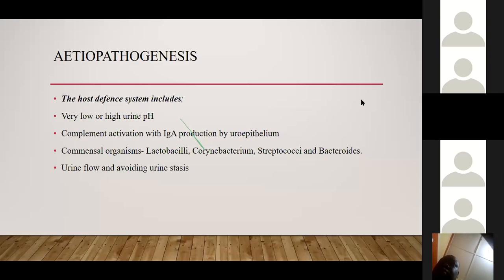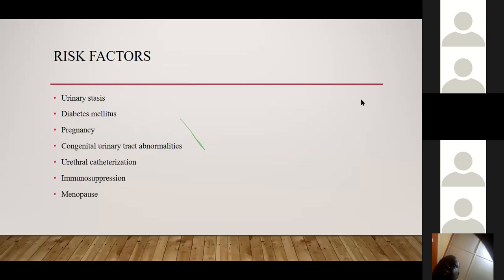If you keep urine for a very long time and you don't urinate on time, that's stasis. And this urine stasis would put you at risk, clearly, because once the urine is not being passed, it stays in one place. It's just like picturing peeing in a chamber pot and leaving it in a room for a very long time.